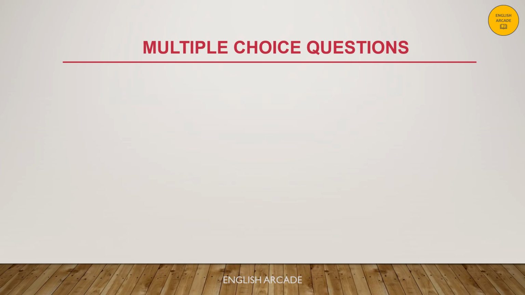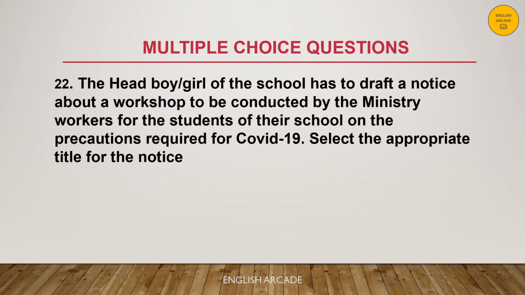Question 22. The head boy or head girl of the school has to draft a notice about a workshop to be conducted by the ministry workers for the students of their school on the precautions required for COVID-19. Select the appropriate title for the notice.